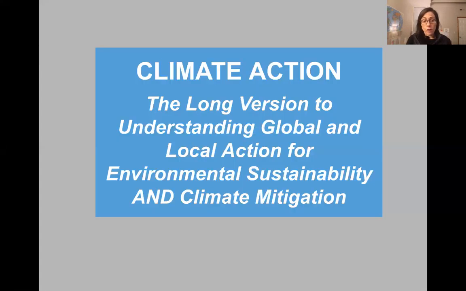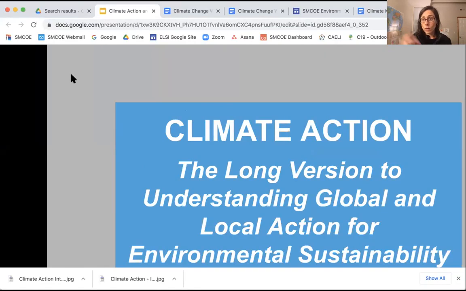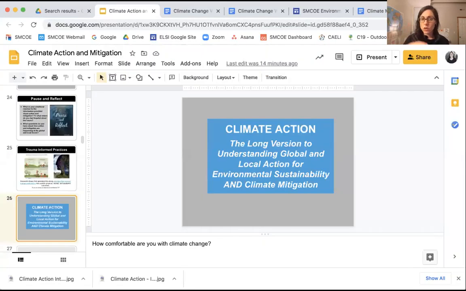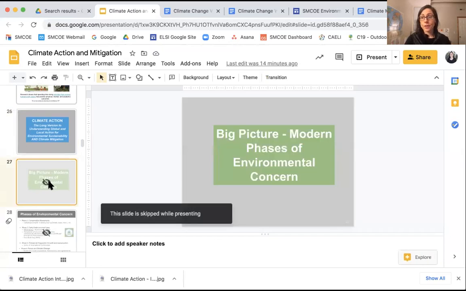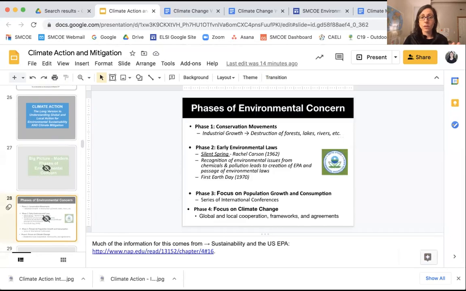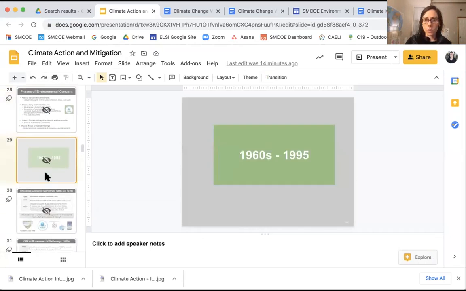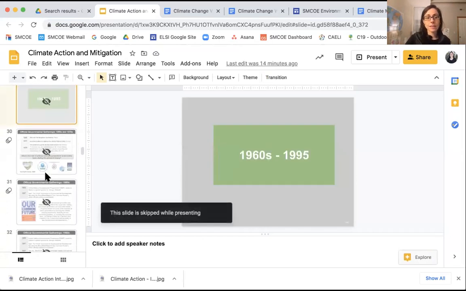There is a long version to this. So if you want to go way more in depth on that history and on some of the actions that are happening, there are tons of slides here to think about the different phases of environmental concern. It takes you from the early or mid 20th century all the way up, looking at what was going on in the 1960s to 1995.